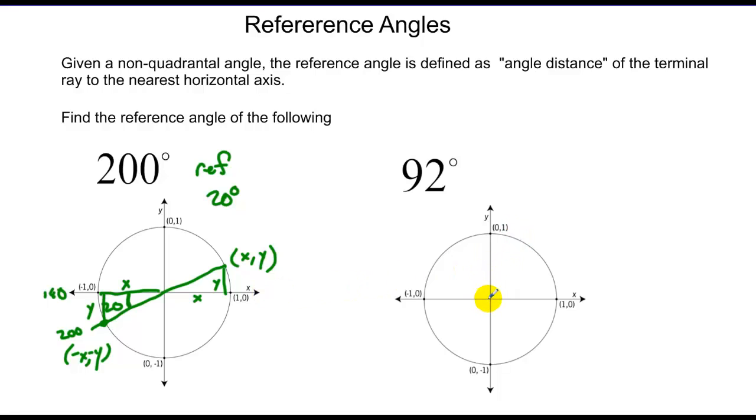If I'm at 92 degrees, that's right around here, and most people want to say my reference angle is 2 degrees, but that wouldn't be correct because that's the nearest y-axis. I need to go to my nearest x-axis, which is right here, and figure out what that theta value is. From 92 degrees to 180 degrees, we just take that difference, and that's 88 degrees, my reference angle.